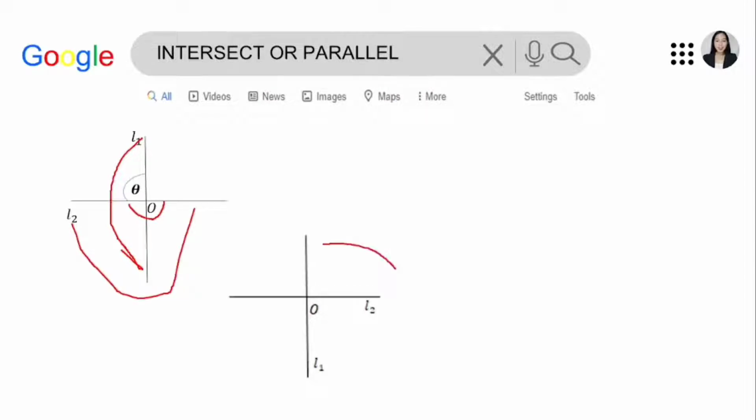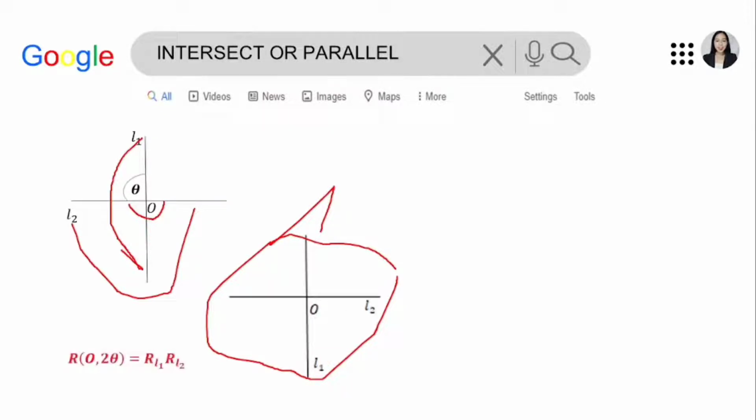So this is the image of the product of L sub 1 and L sub 2 moving. The rotation about O by 2 theta is equal to the reflection in L sub 1 followed by the reflection in L sub 2.